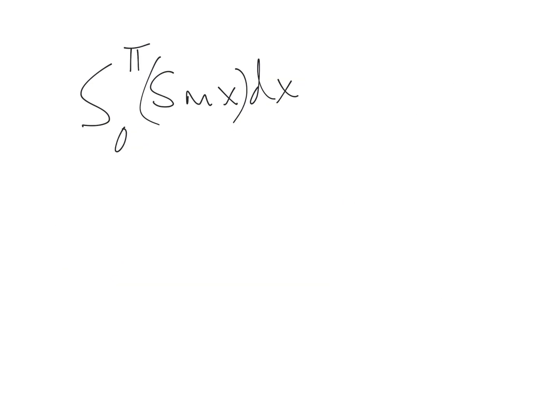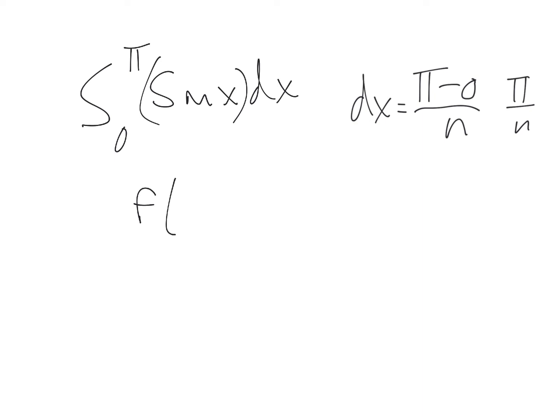Okay, here's another one. Now we want to write a Riemann sum. What I want you to remember is we have to find what dx equals. Dx, remember, is your b minus a over n. So that gives us pi over n. Then we're going to do f of the very first lower bound, which is 0, and then we add in however many pi over n's we need.